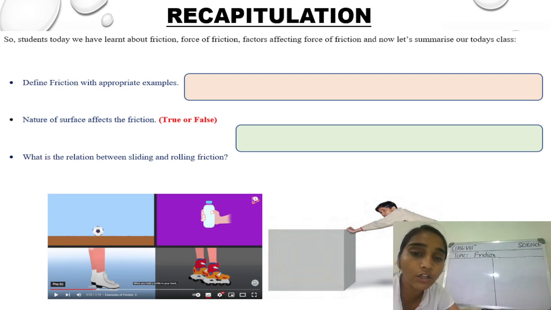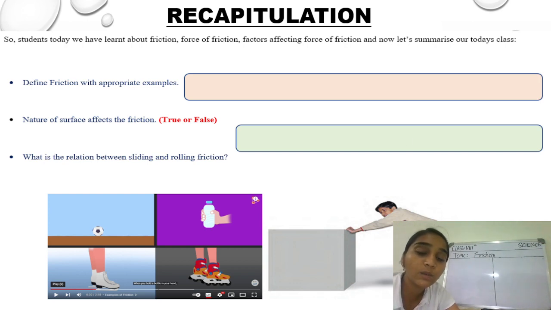Is it true or false? Yes, the nature of surface definitely affects the friction. It is true. And what are the examples of the nature of surface which affect the friction? Yes, very good students. They are roughness or smoothness.